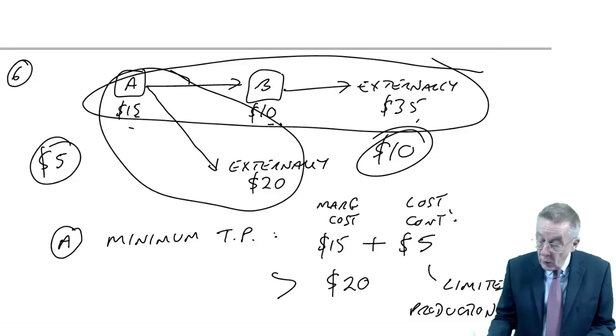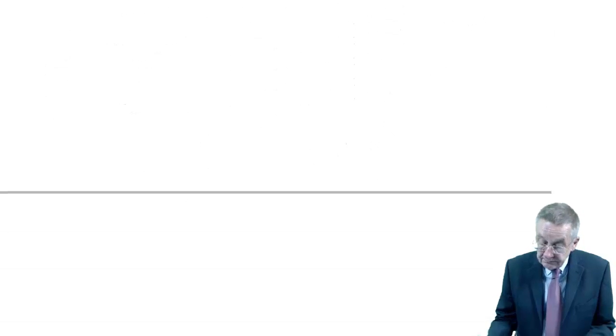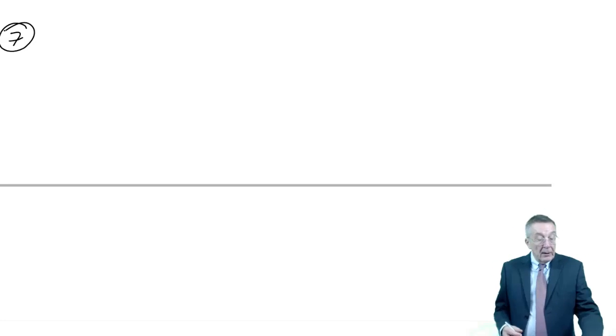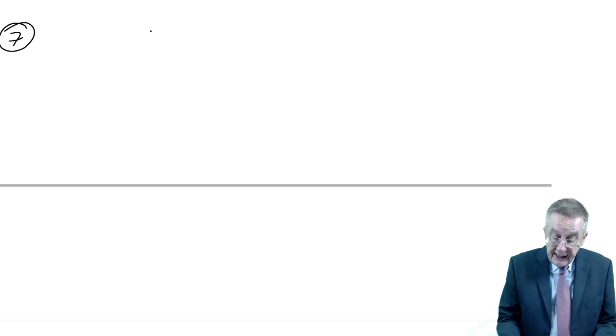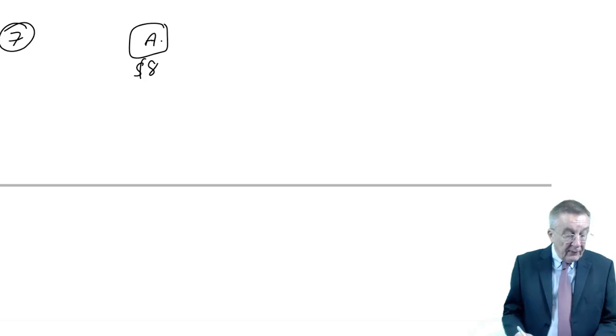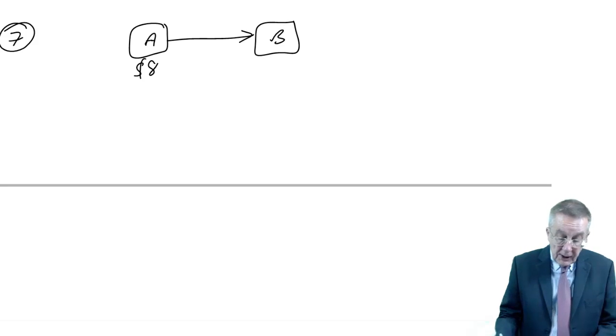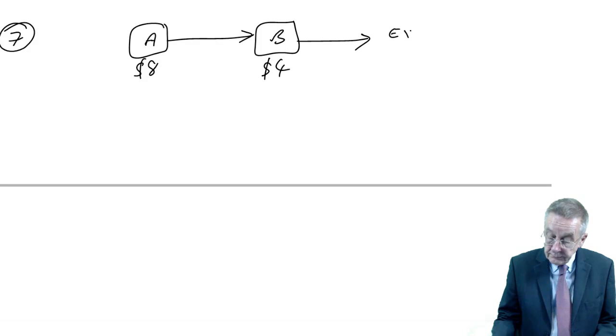All right, one more, and then I'll give you the rule. Number 7. Division A has costs of 8. They transfer to Division B, which has its own costs of 4, and they sell externally at 20.